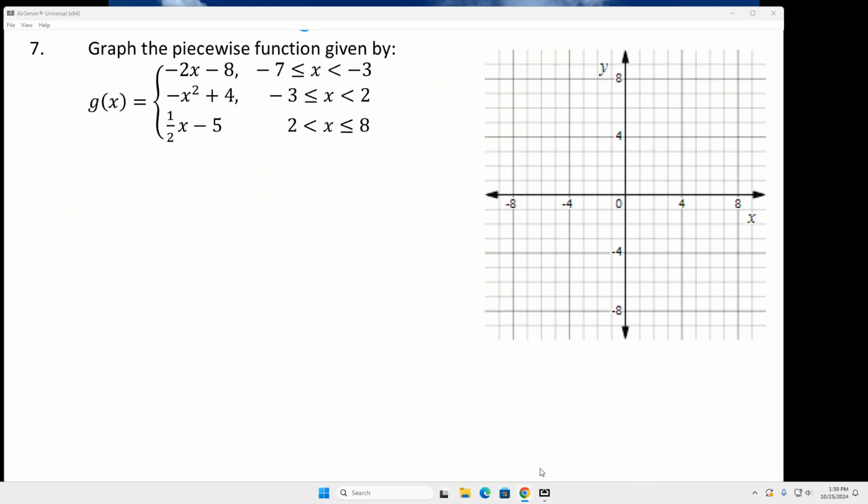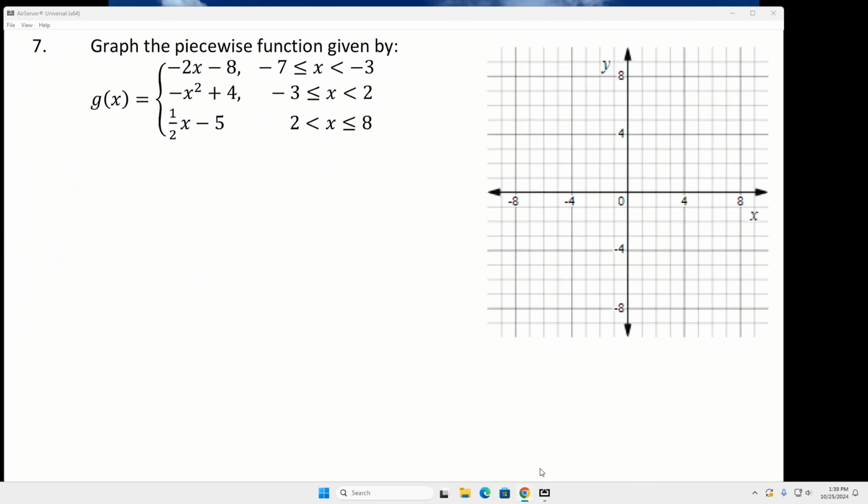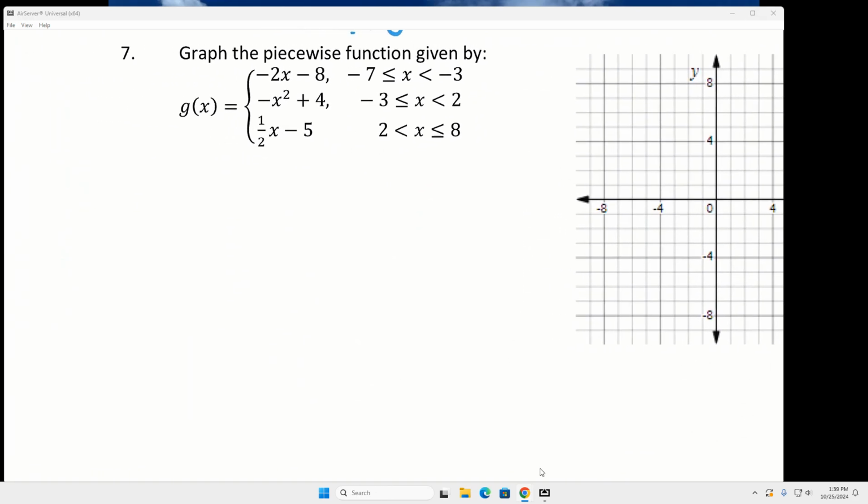It's not going to be super simple. But it would be helpful if you guys knew what these little sections were going to look like. So 2 of these sections are going to be little line segments, and one section is going to be like part of a parabola. So which 2 do you guys think are line segments? That would be linear functions, but only part of the line.